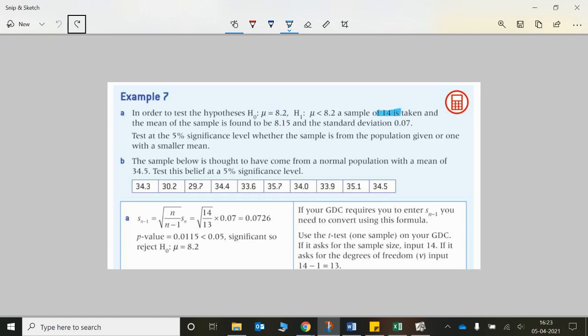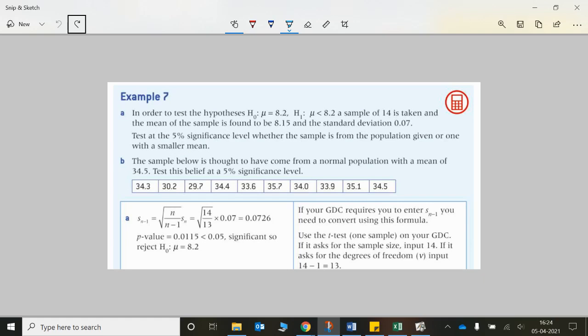A sample of 14 is taken, and the mean of the sample is found to be 8.15. The standard deviation of the sample is 0.07. And then it says test at the 5% significance level whether the sample is from the population given or one with a smaller mean.